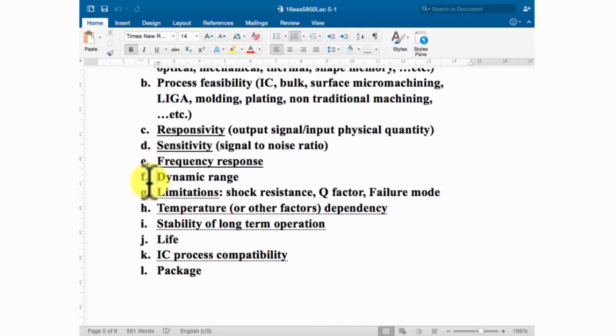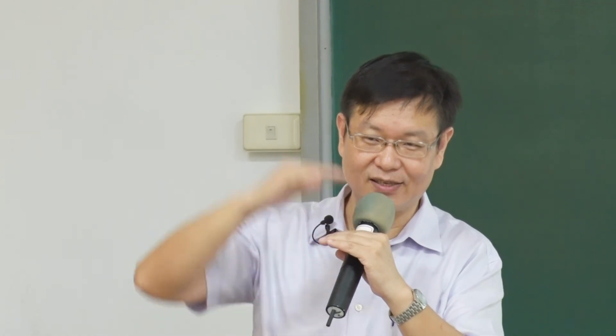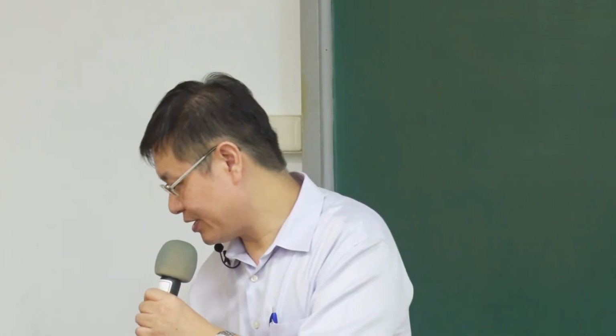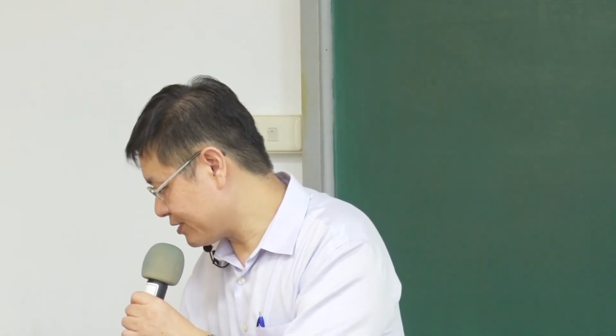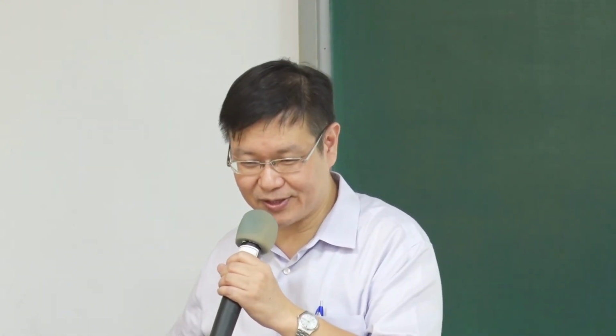We also talk about dynamic range. Dynamic range means the range between the largest signal you can detect and the smallest signal you can detect, divided. There are also others, like limitations, shock resistance, and Q factor, the quality factor, but I am not going to give too much detail right now because it will confuse you.